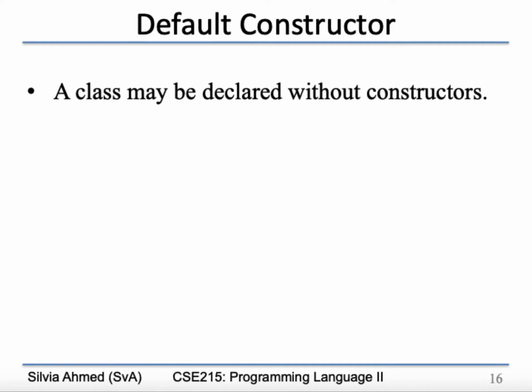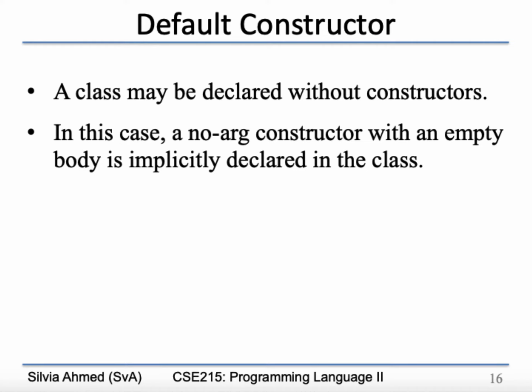We have seen that a class, if it's simply written and sitting idly in our computer, is of no use to us. A class may be declared without constructors, but if we don't construct any object from a class, the class has no purpose. Even if the programmer does not declare any constructor inside the class, the compiler puts in a no-argument constructor with an empty body.